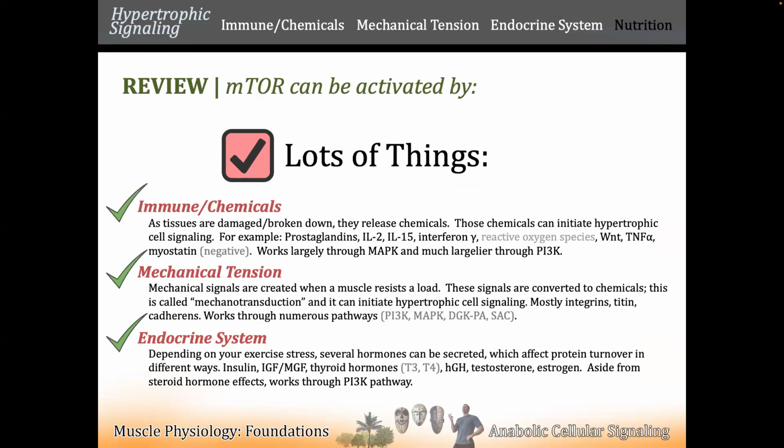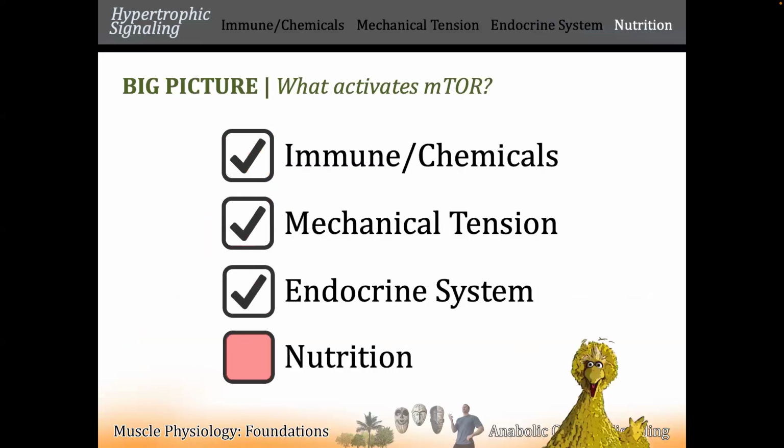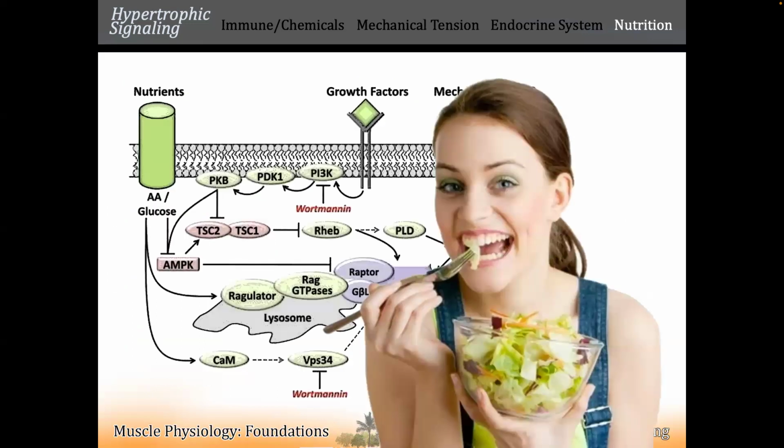And here's a summary of all three categories of mTOR activation that we've discussed so far: the immune system and corresponding chemical activation, mechanical loads and how that transmits hypertrophic messages, and then endocrine signaling, what we just finished talking about. So next up and last on our list is nutrition.